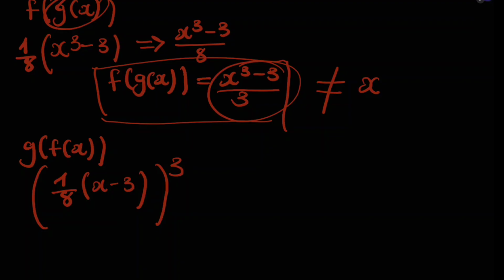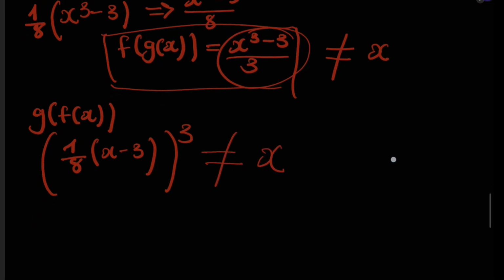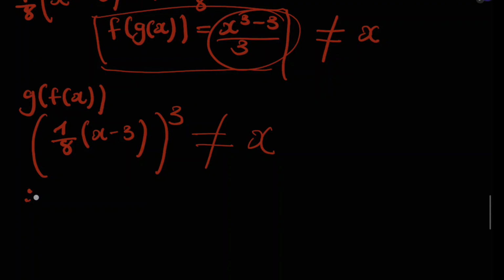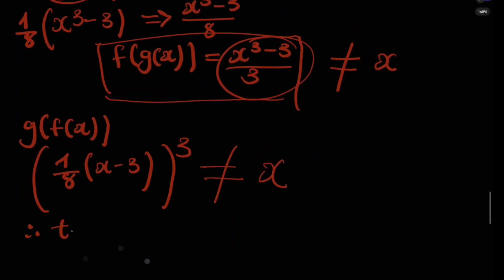So that is what we have now. And as we can clearly see, this is definitely not equal to x. So here we can conclude that they are not inverses.